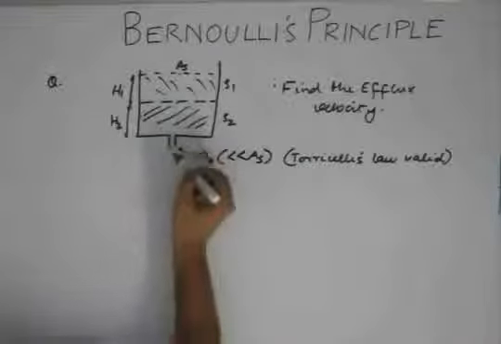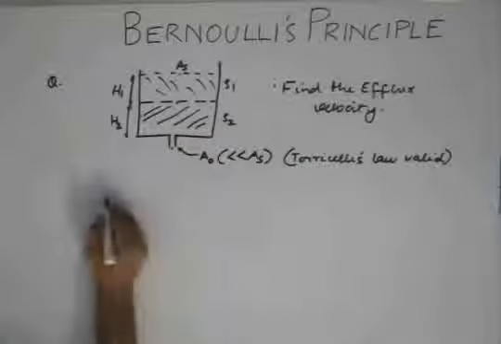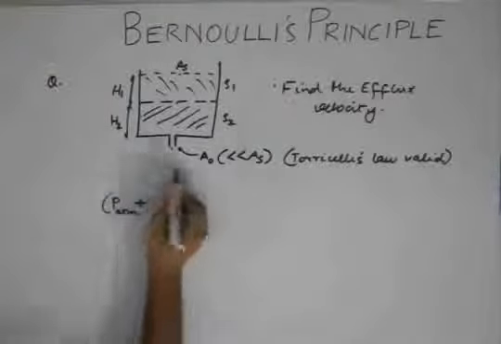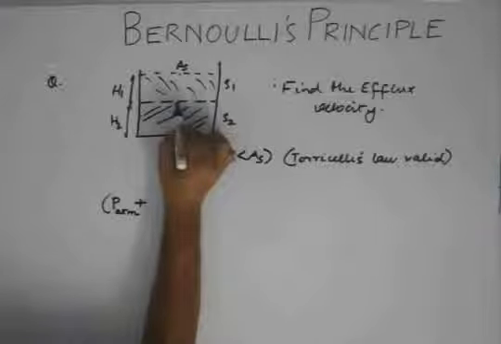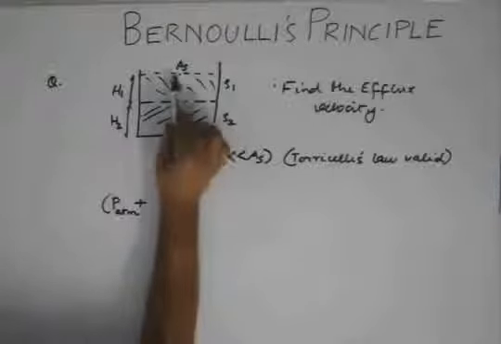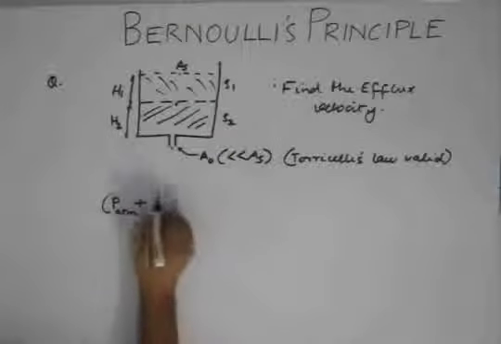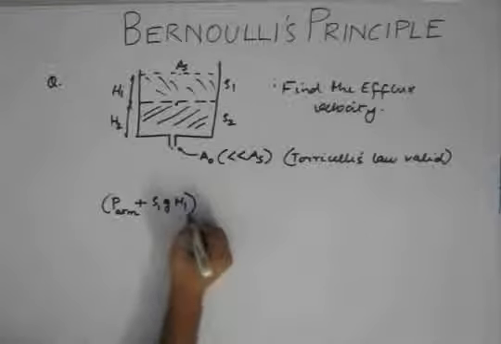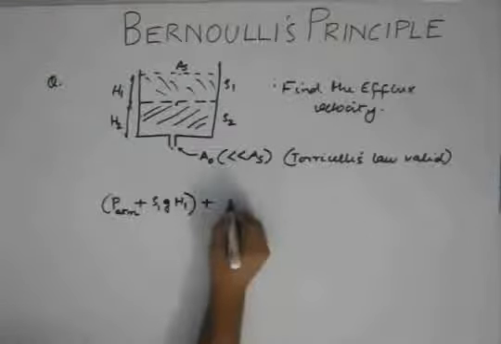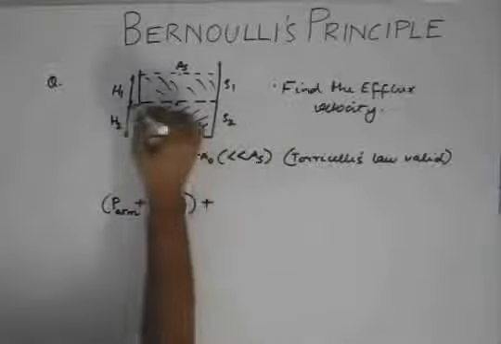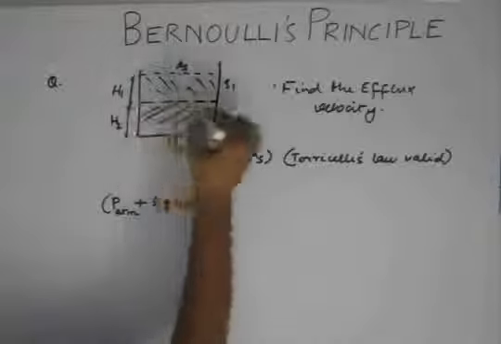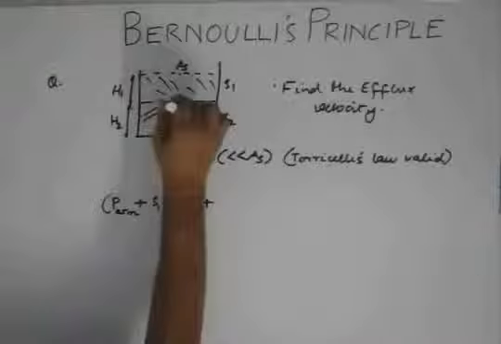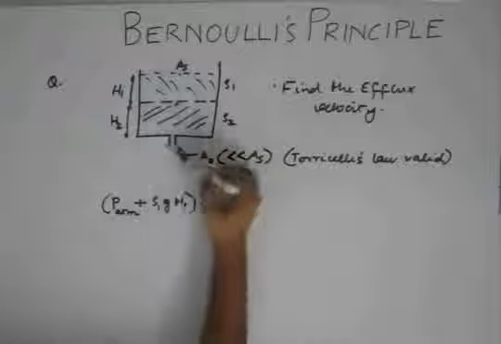If we apply Bernoulli's equation between these 2 points, we get the pressure energy as atmospheric pressure, plus, considering the point here, the pressure due to this fluid height of H1, so rho 1 g H1, this is the pressure term, plus the kinetic energy. Because this is at the cross-sectional area AS and this condition is holding, the velocity here is very small or negligible compared to the velocity here.